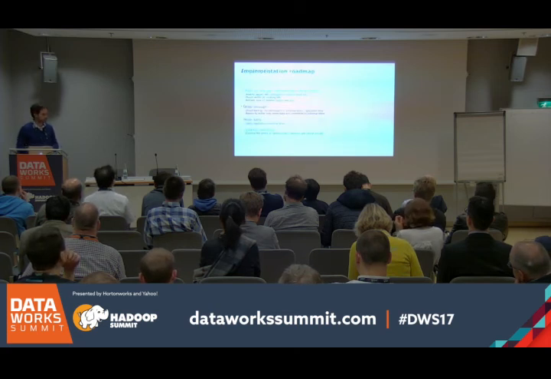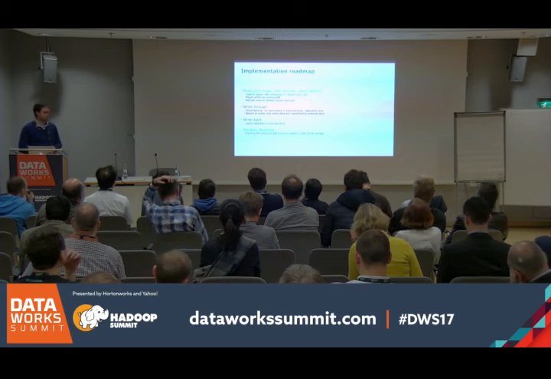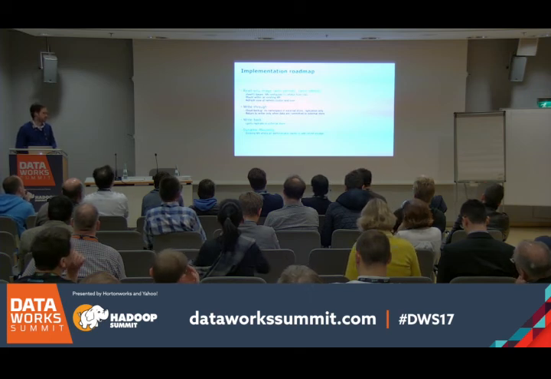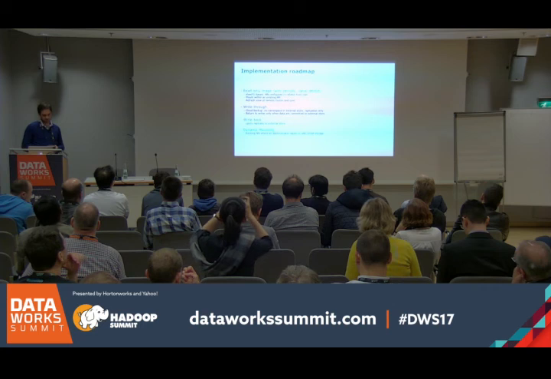And so the implementation roadmap is, I've explained the read-only side. What we're trying to work on at the moment is the write-through and write-back. With write-through, that would be useful for when you're using this as cloud backup.